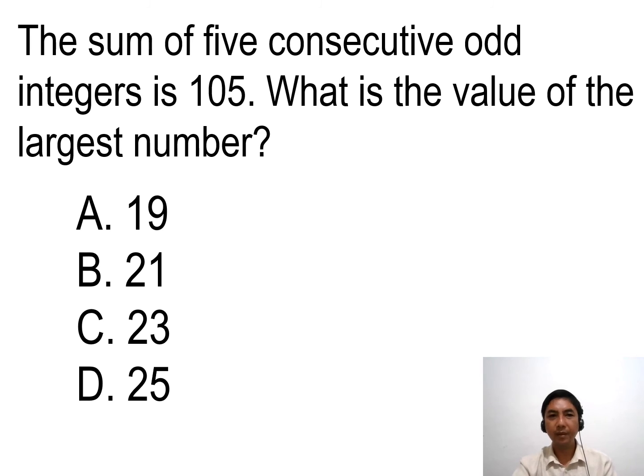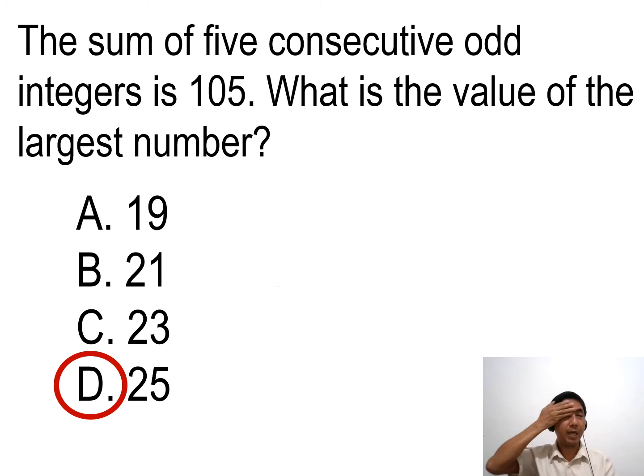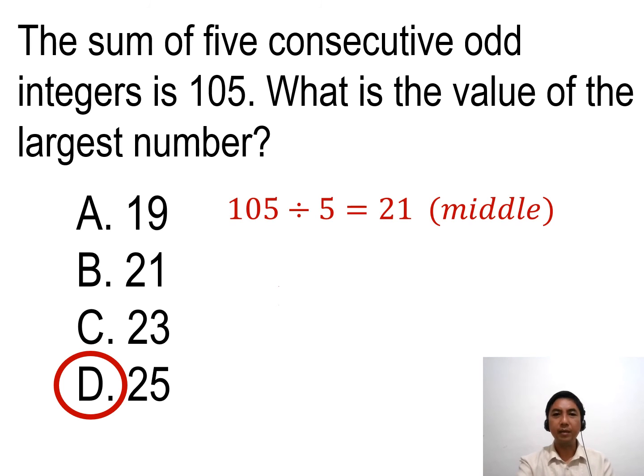Next. The sum of 5 consecutive odd integers is 105. What is the value of the largest number? Answer here is letter D. Now, yung pinakamadali na lang gawin natin, na pag ganito bagang situation, last time, kinukuha natin yung sum, which is 105, and then we divide it by 5.